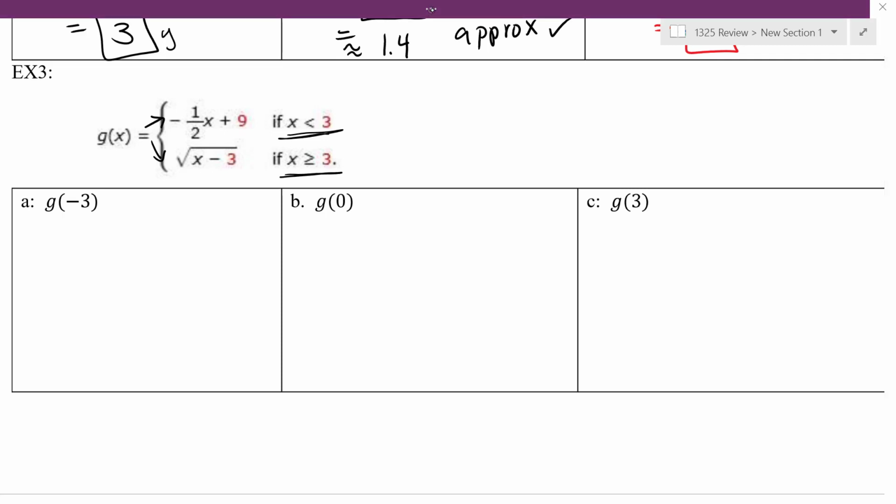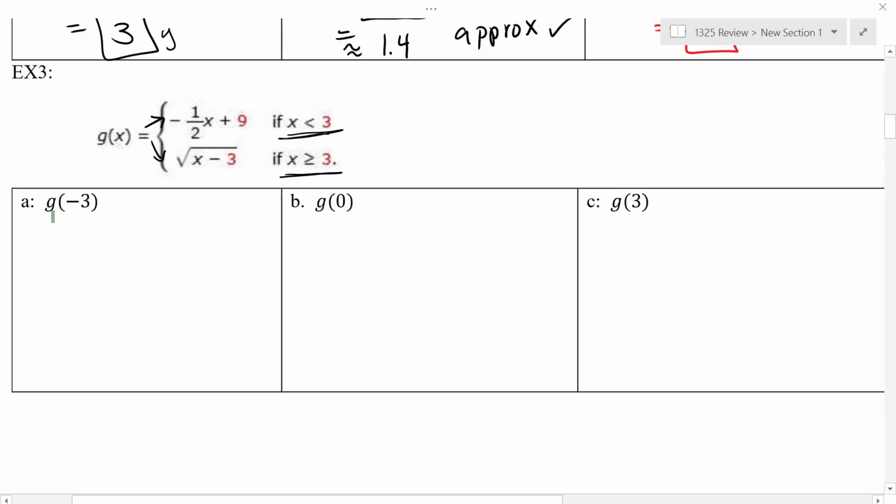So let's look at our first part. g of negative 3. Does negative 3 fit into the top inequality or into the bottom inequality? So let's replace x with negative 3 and see what happens. So negative 3 less than positive 3, or negative 3 greater than or equal to positive 3.